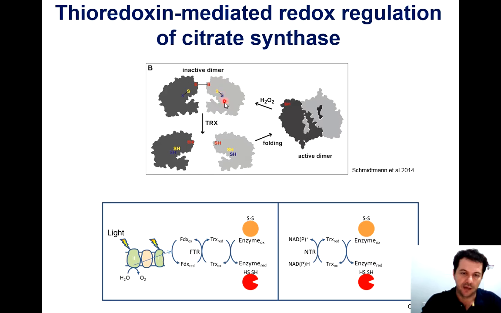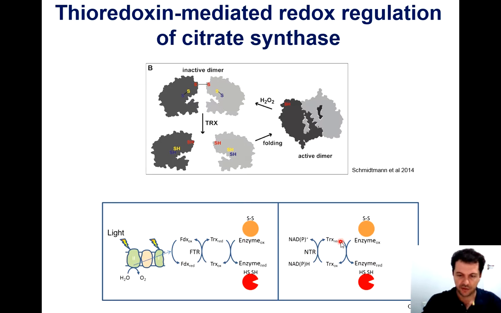Here you have the inactive dimer, with this disulfide bond here, and thioredoxin can cleave this bond. When you cleave it, the protein becomes activated. So then you have activation of the enzyme by thioredoxin.